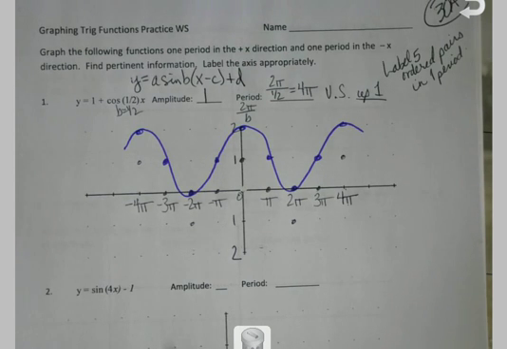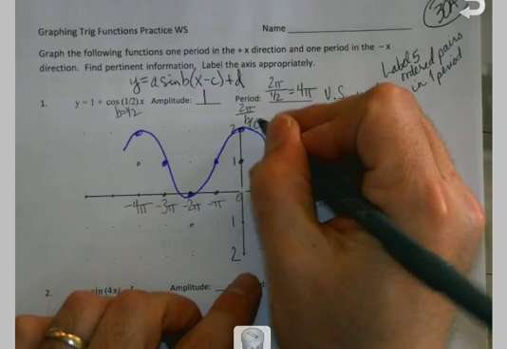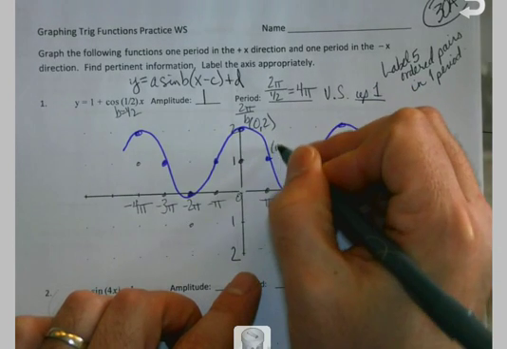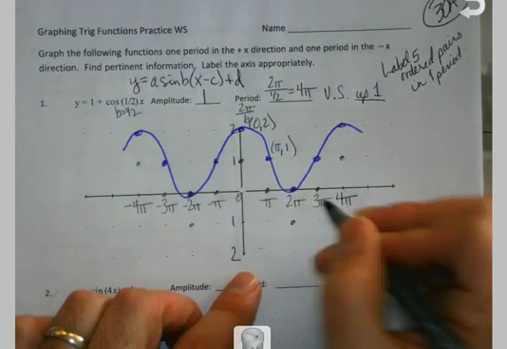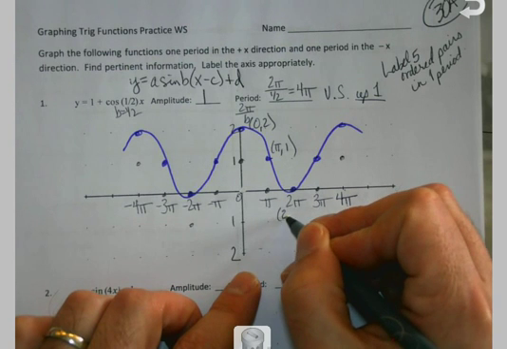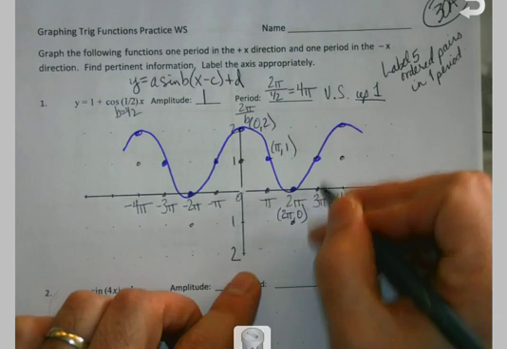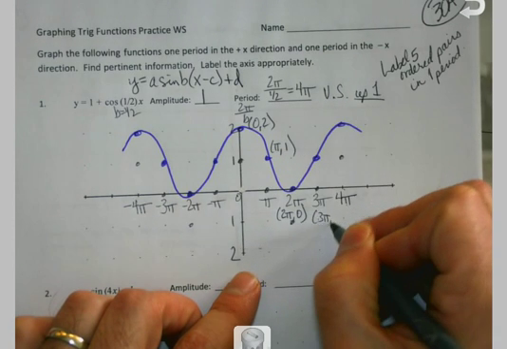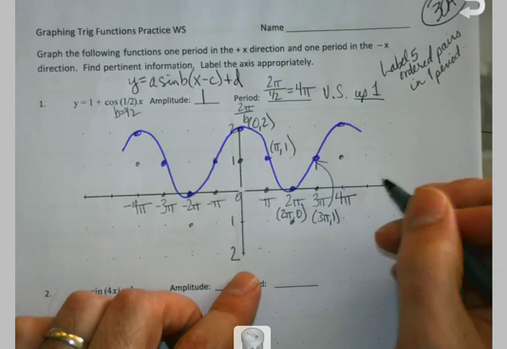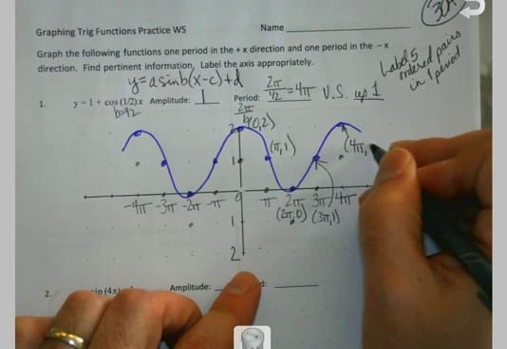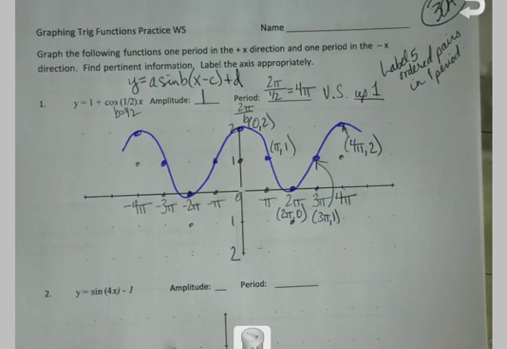If I did, I'd have 0, 2, and here this is my x value, so x, y, 2 pi 0, because I didn't go up or down at all. 3 pi 1, probably should have put it by the point, right? And 4 pi 2 if you were actually going to go through and label.